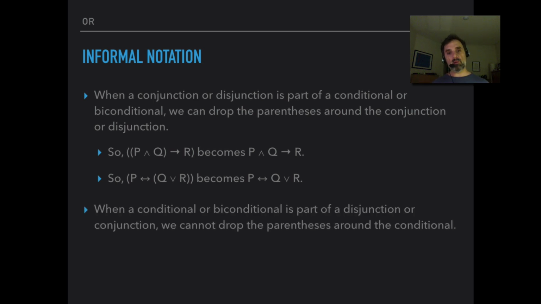But when the conditional or biconditional is inside of the disjunction or conjunction, when you have a conjunction or a disjunction and one of the conjuncts or disjuncts is a conditional, then you can't drop the parentheses around the conditional. So this P, if and only if Q, or R, there you cannot drop the parentheses. And again, that's just the way we are already used to working with AND and the conditional.